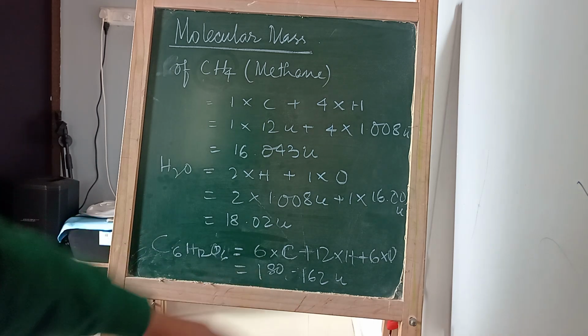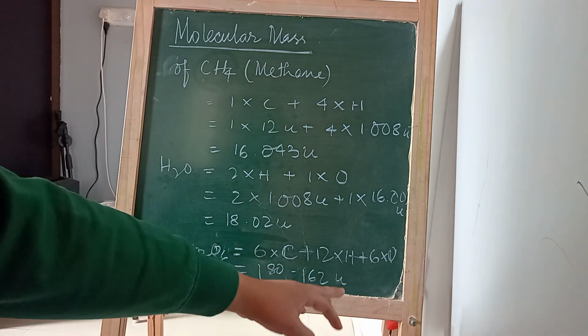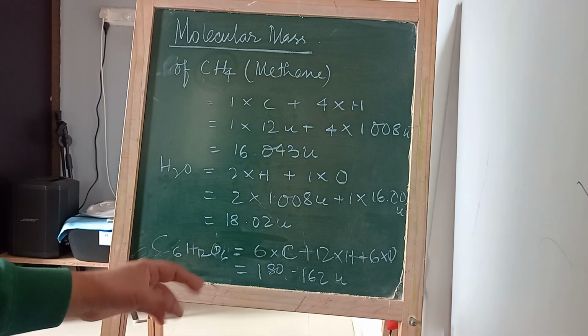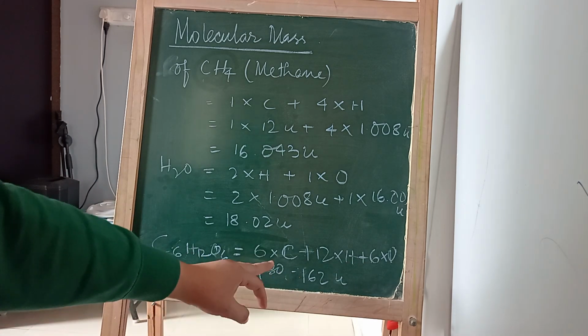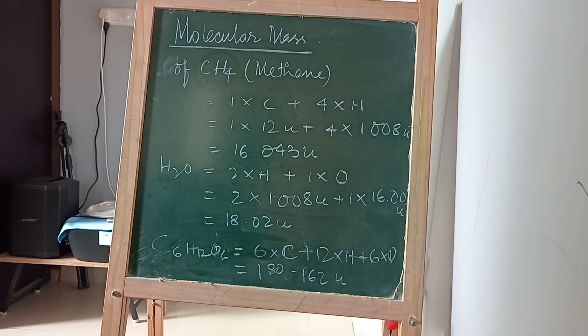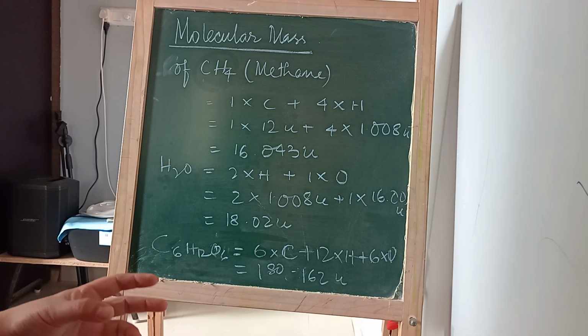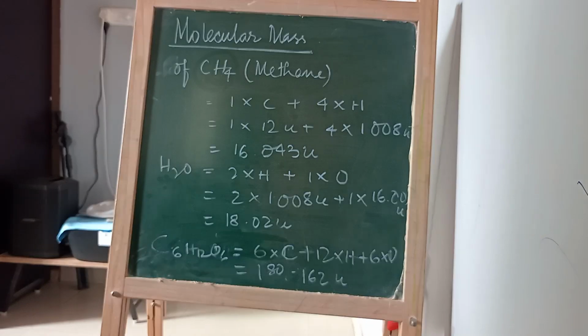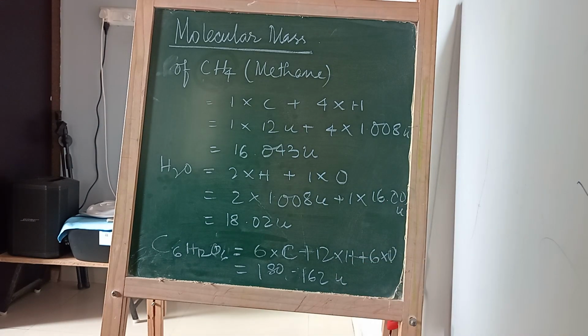And the final molecular mass we get is 180.162 u. It means that the mass of one molecule of glucose is 180.162 times 1 by 12 of a carbon-12 atom.